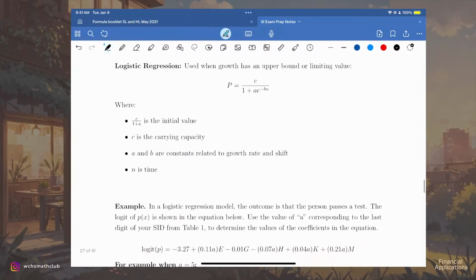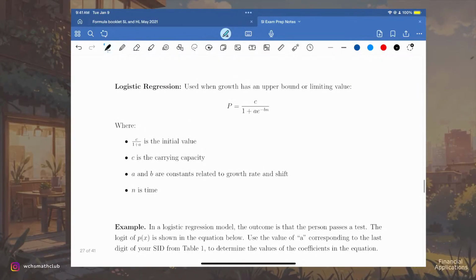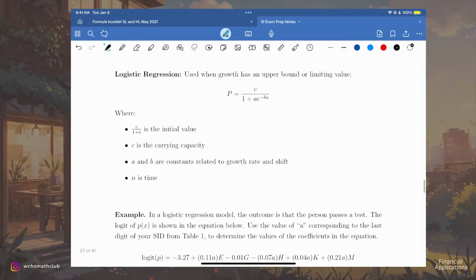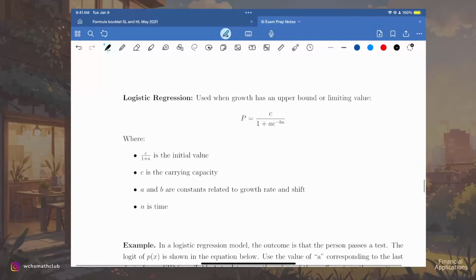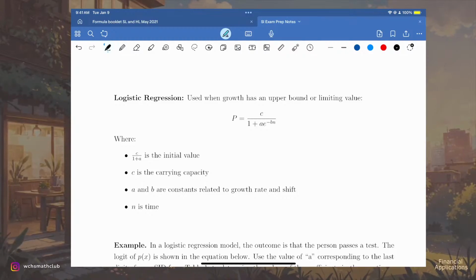Okay. So moving on to a logistic regression, which is used when the growth has an upper bound or a limiting value, usually for population questions when you do it on the IB exam. The general formula for this is P is equal to C over 1 plus A times e to the power of negative Bn.